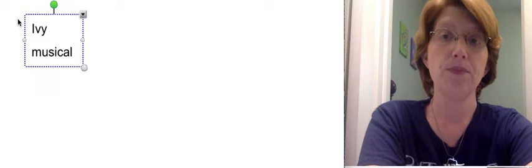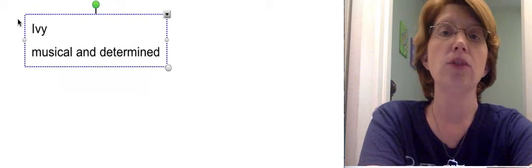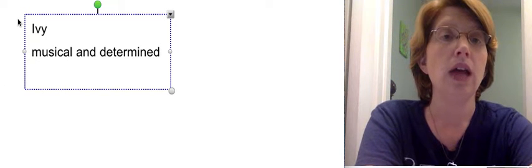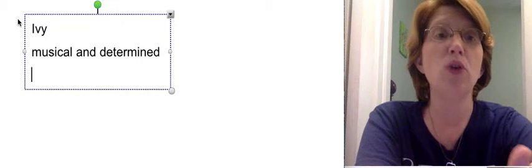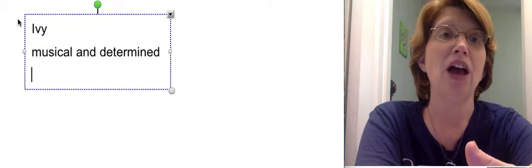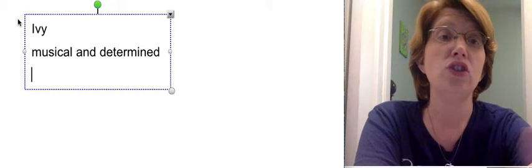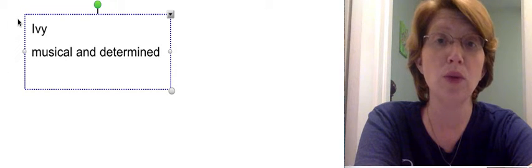I came up with musical and determined. She is determined to help the Yamamotos and to go to orchestra, even though she might be made fun of, to have the stand for the war bonds. All that is determined, okay?